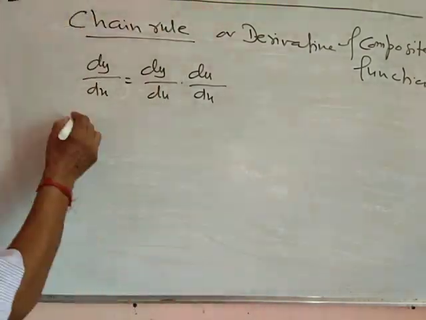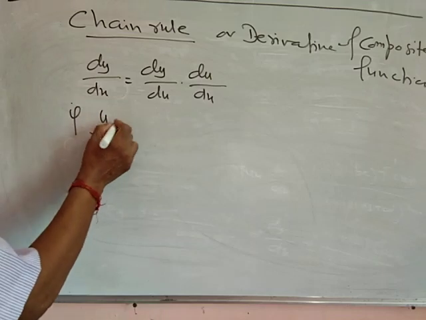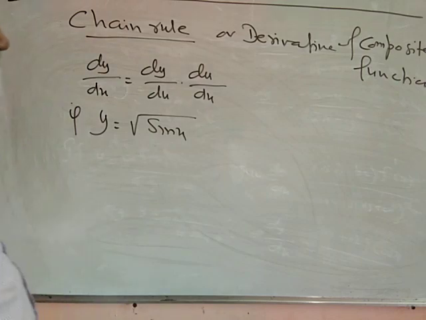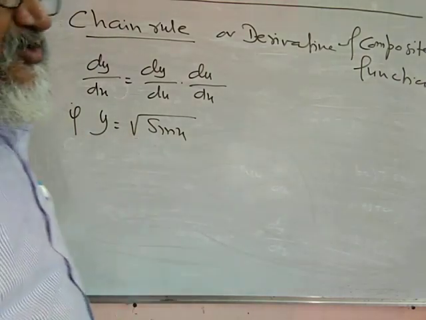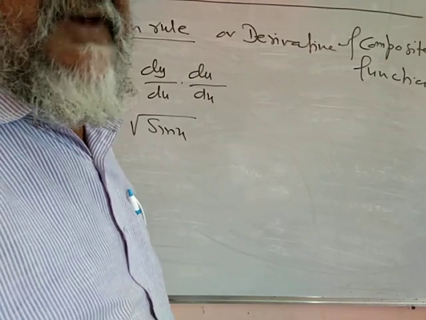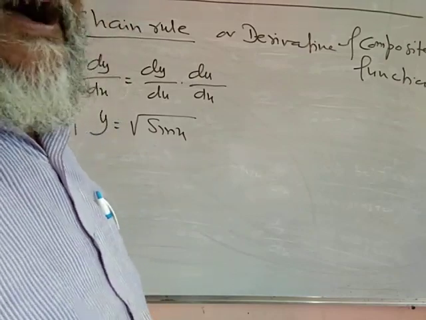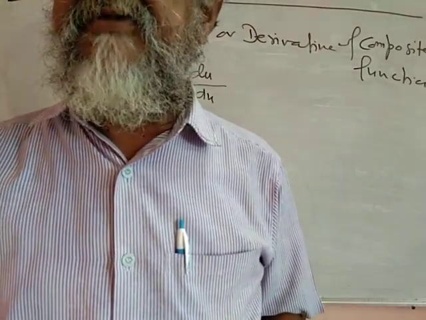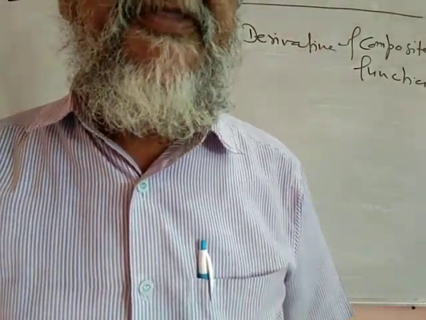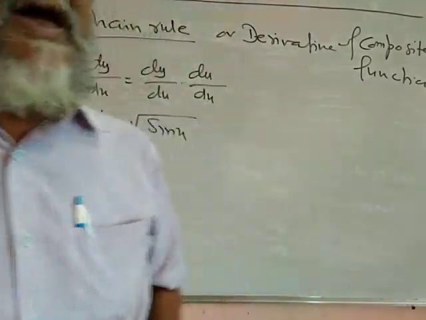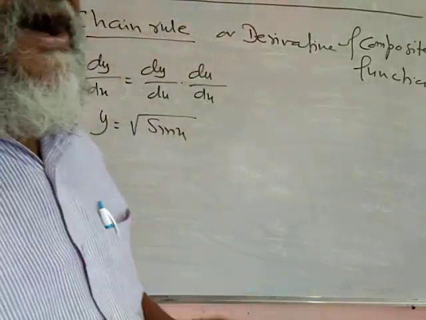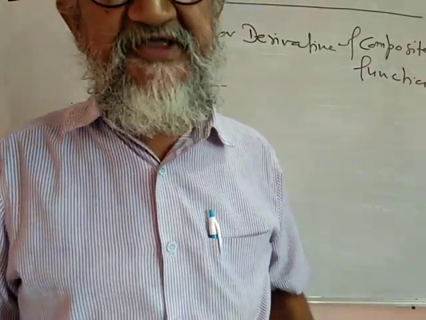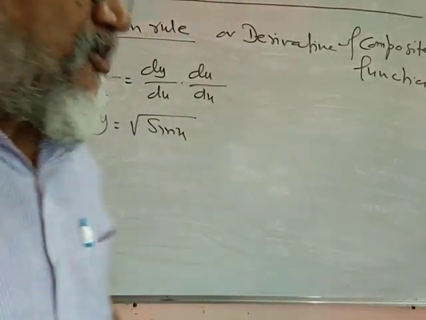For example, if I say y is equal to under root sin x. Now look here. The first thing you are seeing is the root. So you have to remember the derivative of root. You know that the derivative of root is 1/2 root. Look at the method carefully. What is the derivative of root? So derivative of root is 1/2 root.